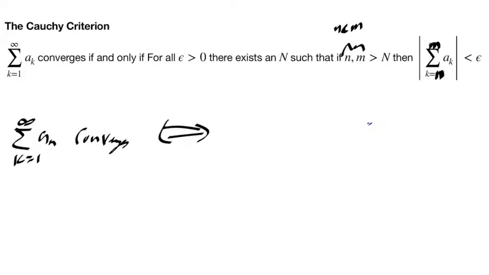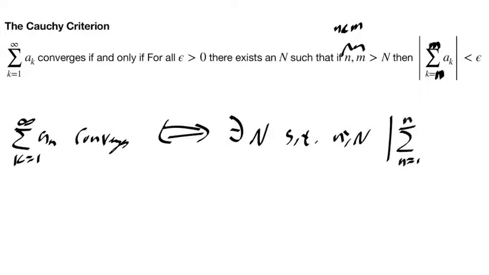Well, that means that there exists some capital N such that if n is greater than capital N, the sum is less than epsilon. And this is just our definition for sequences, right? So the sequence converges if there exists a capital N such that for all n greater than N, the sum of the series is less than epsilon.